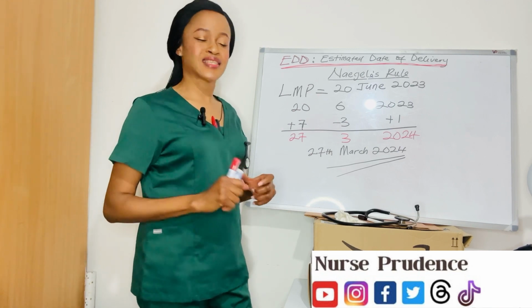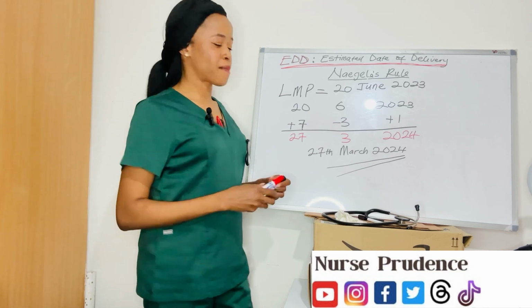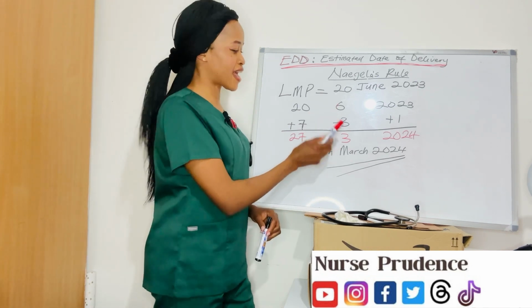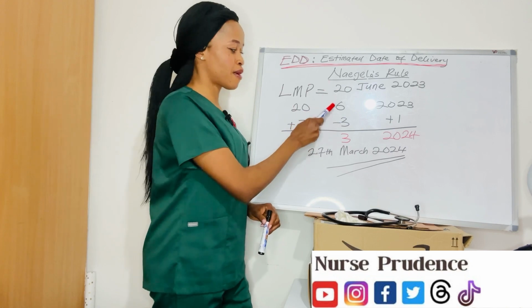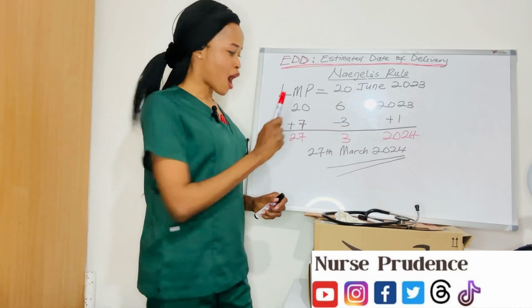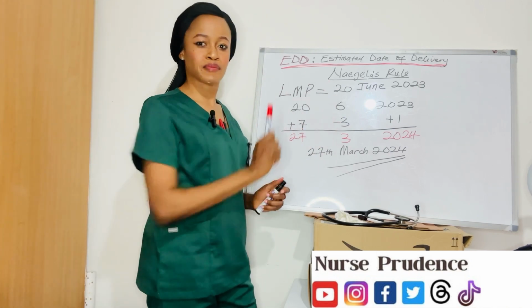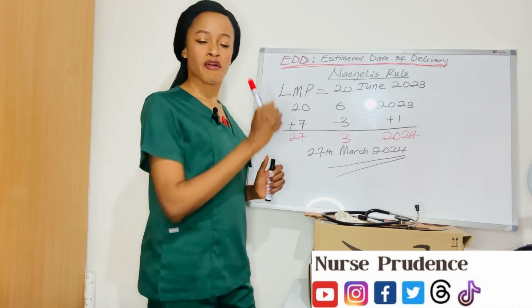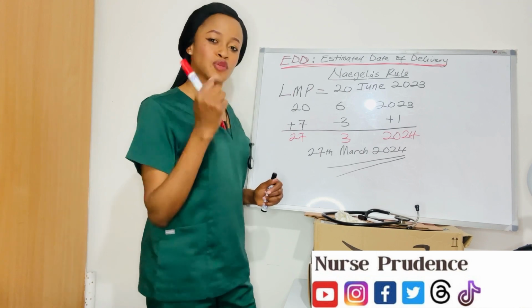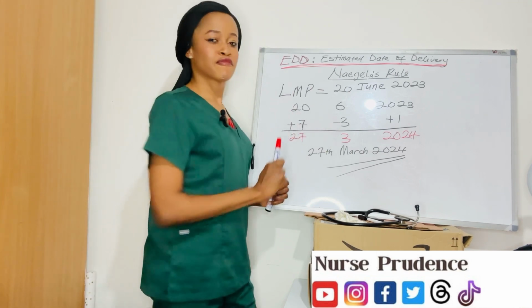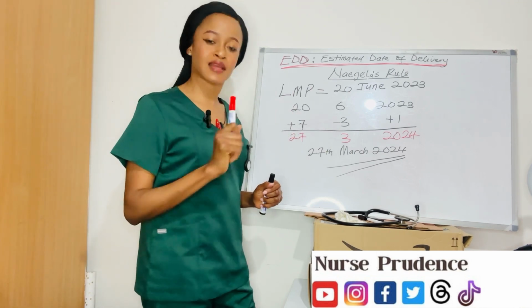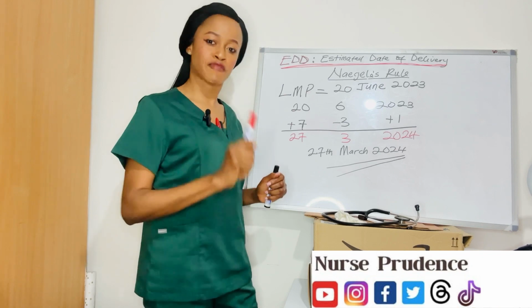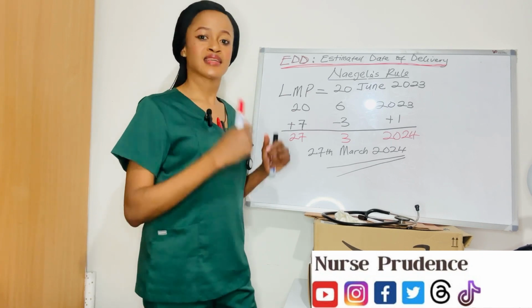Now the question is, in a situation whereby we have January, February, or March, how will you minus 3 from the month? When the month is already January or February, how are you going to minus 3 from 1, or minus 3 from 2, or minus 3 from 3? How will you get an answer?